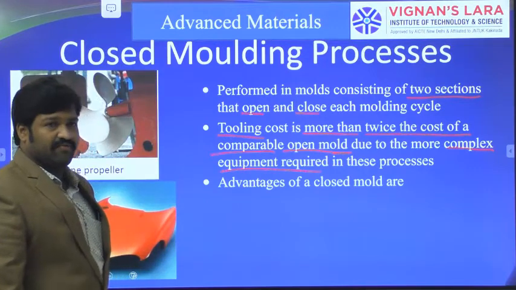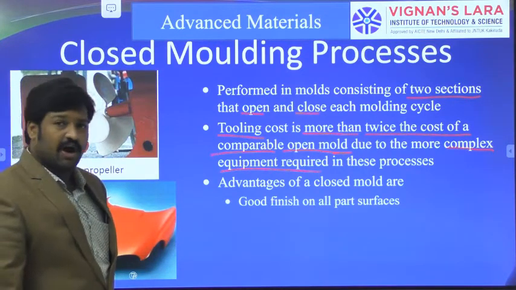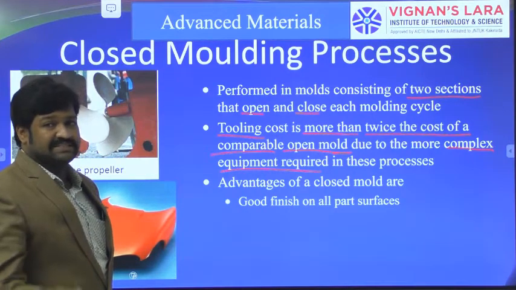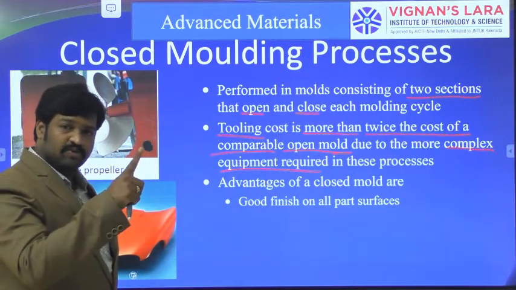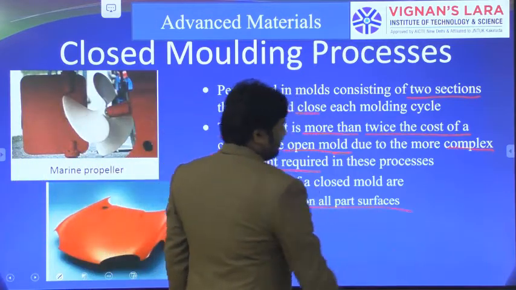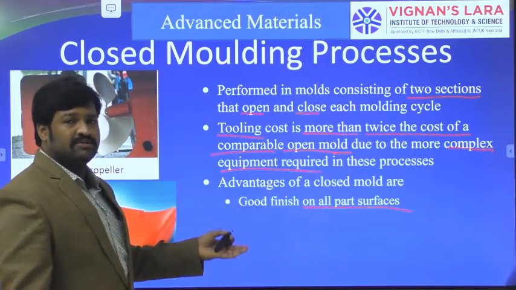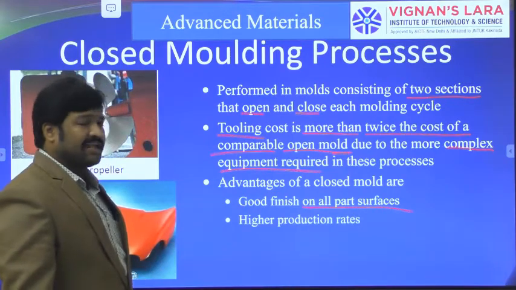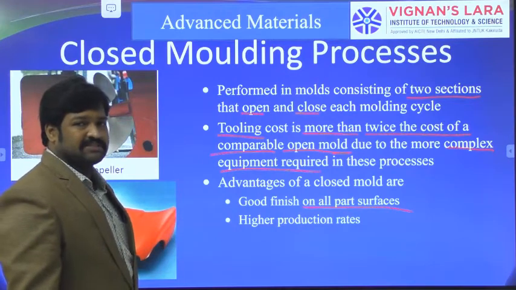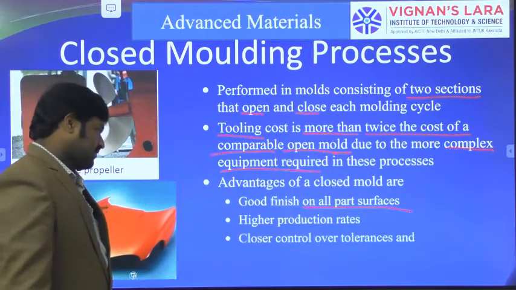Next, the advantages of closed molds are good surface finish on all part surfaces, whereas in the open mold we can get only one good surface. If the component has n number of sides, all the sides can have a good surface finish. Higher production rates: the process can be fast in closed mold processes.